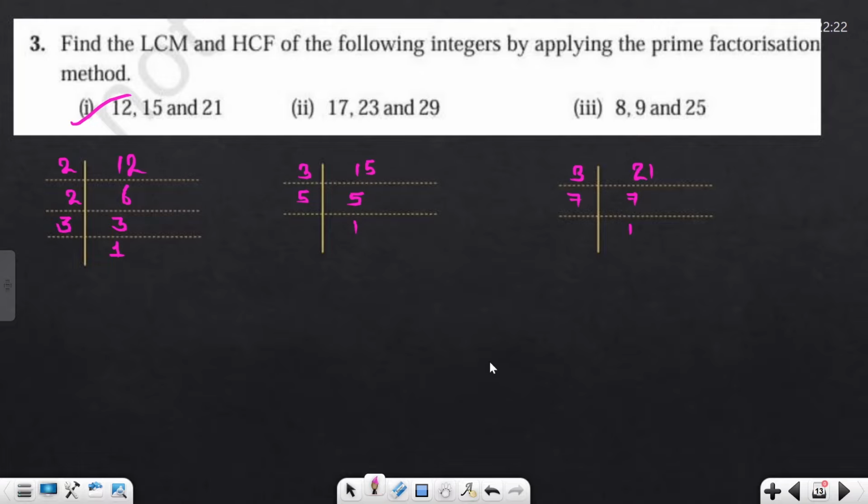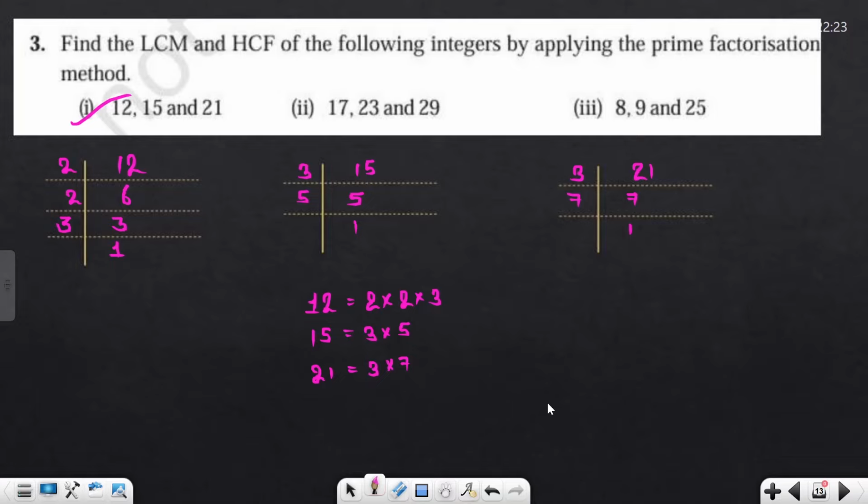Do the same thing. Write here 12 factor, then 15 factor, then 21 factor. 12 factor is 2 into 2 into 3. 15 factor is 3 into 5, and here 3 into 7.